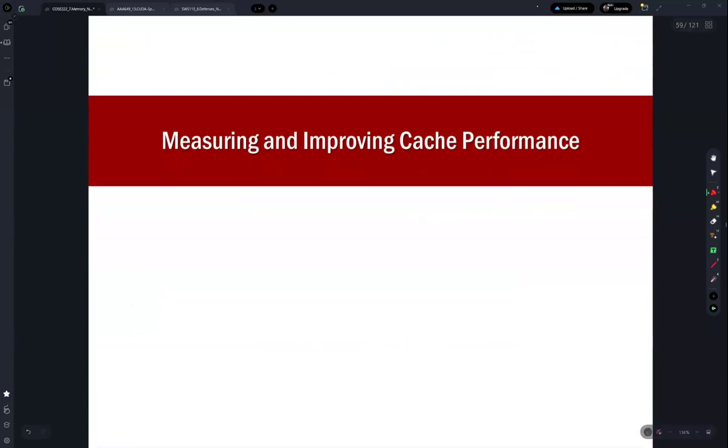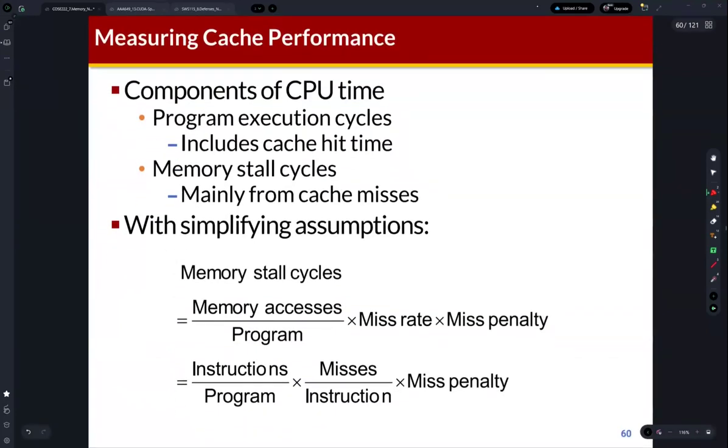Okay, so let's see how to measure the cache performance and how to improve the cache performance. Until chapter 4 in the processor architecture, we just considered the performance of the CPU, right?